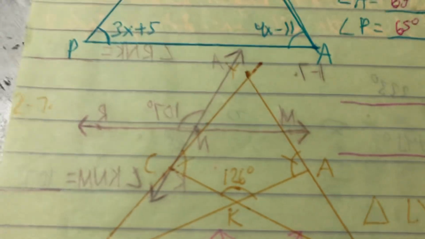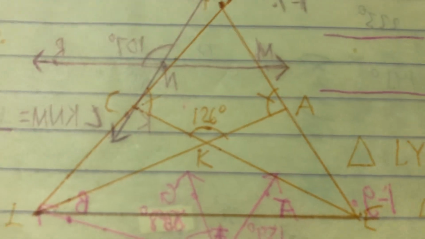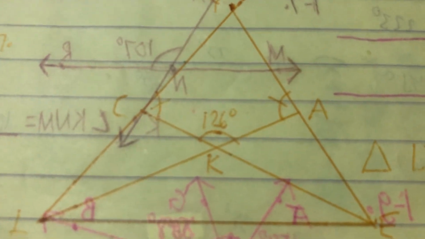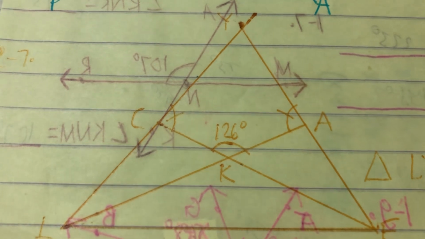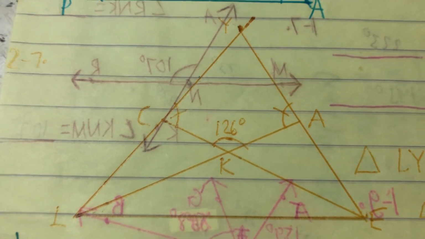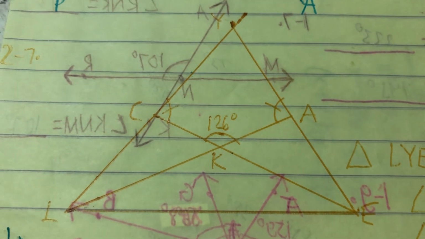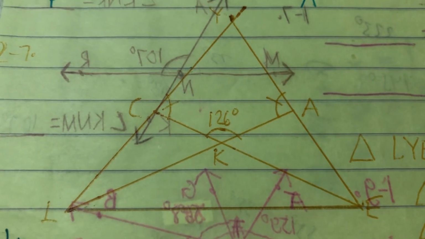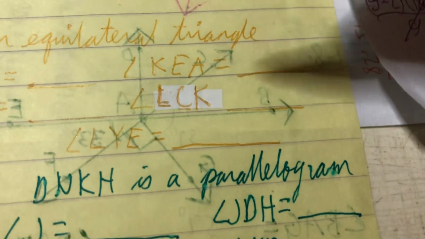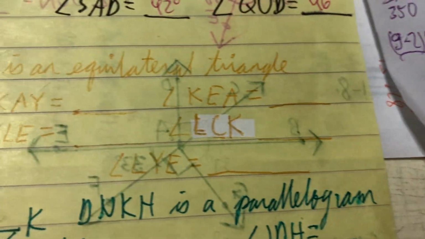Especially in our first topic. It's about vertical angle concepts, right? So angle CKA is 126 degrees. Therefore, the vertical pair is angle LKE. So angle LKE, is it there? No. So we know that's 126 degrees also.